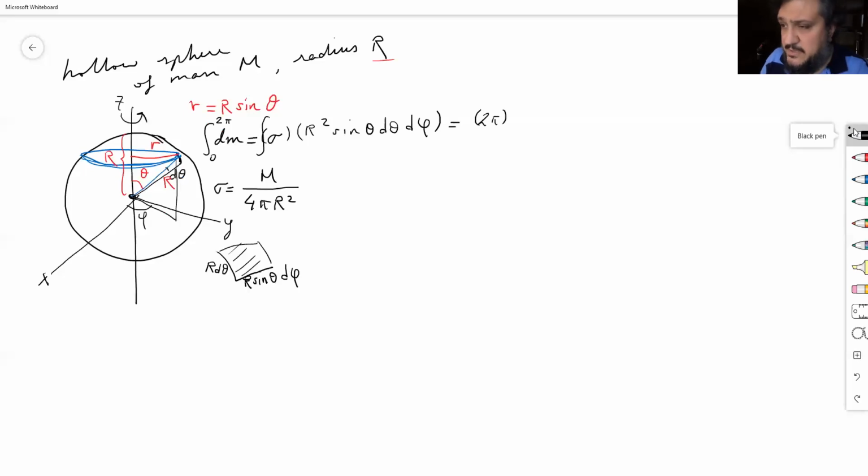Sigma is m over 4 pi r squared, and then there's another r squared here, and then sine theta d theta. That is the mass.